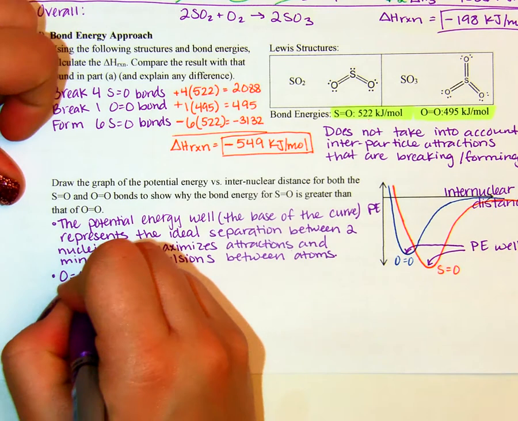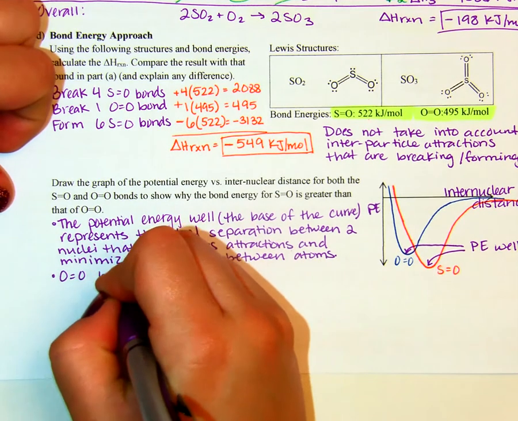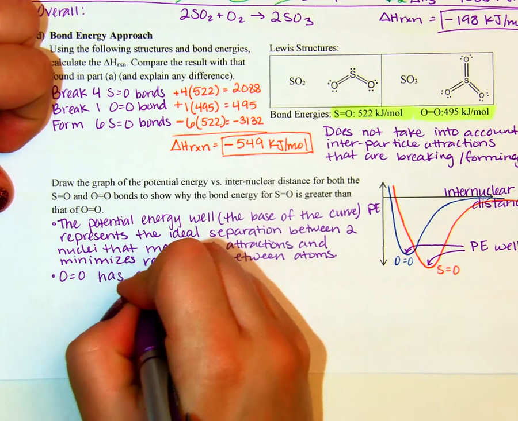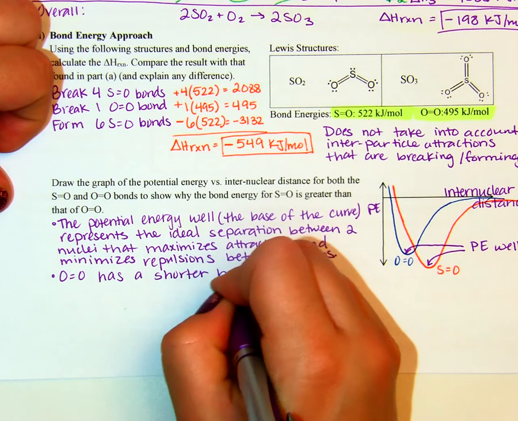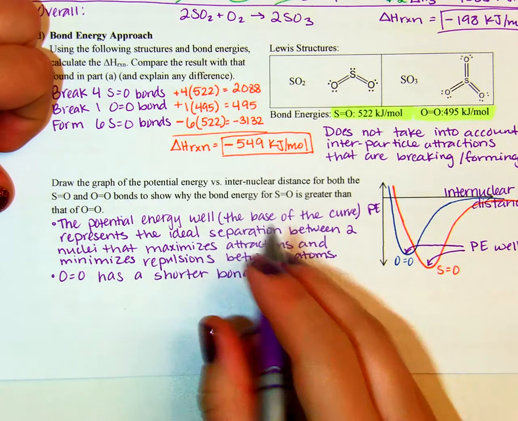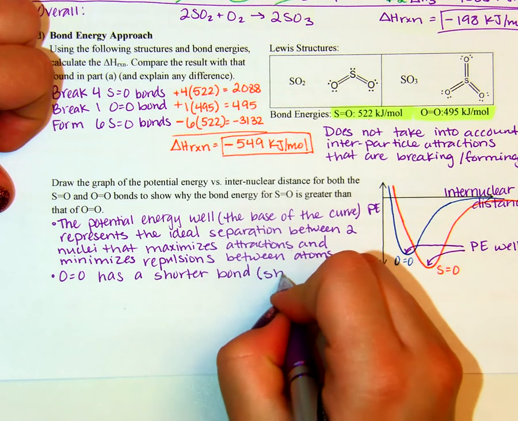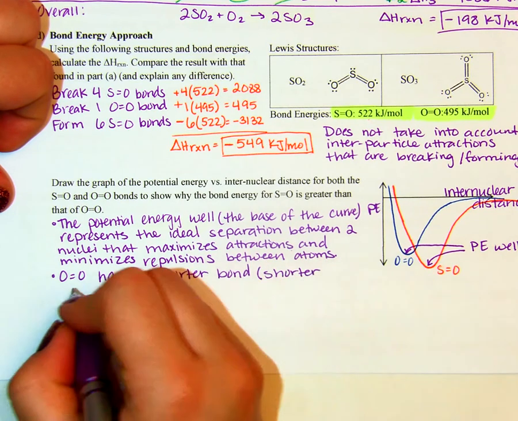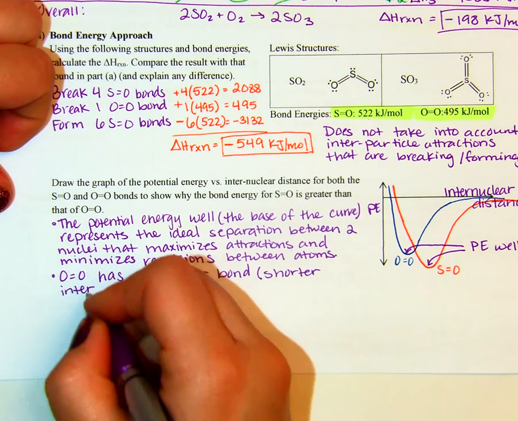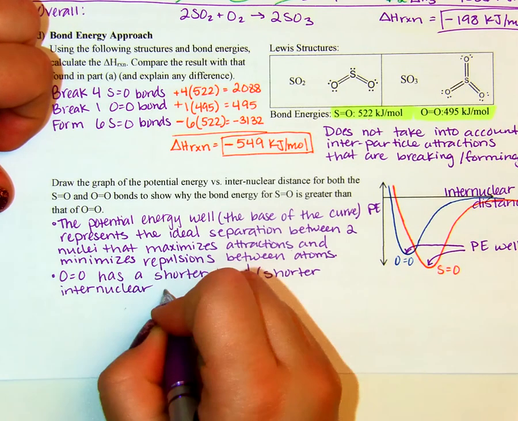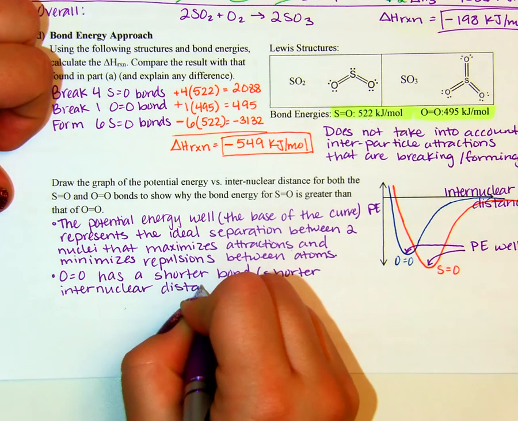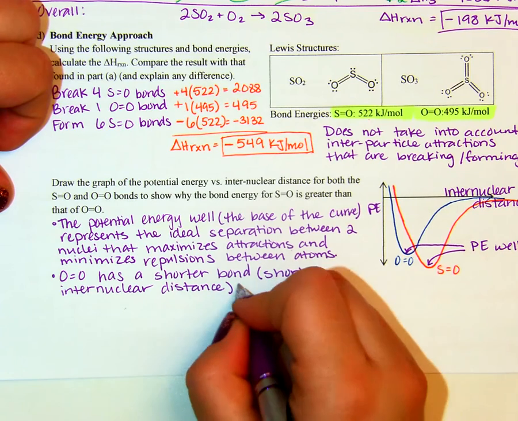So oxygen has a shorter bond, which means it has a shorter internuclear distance, because they're smaller atoms.